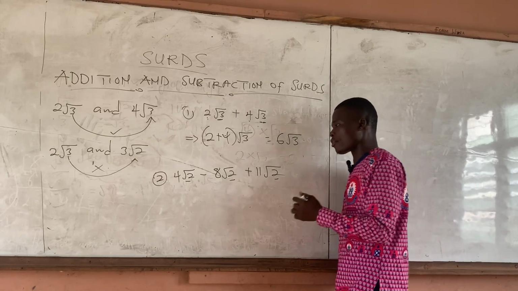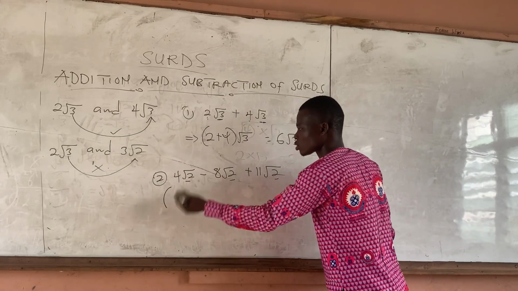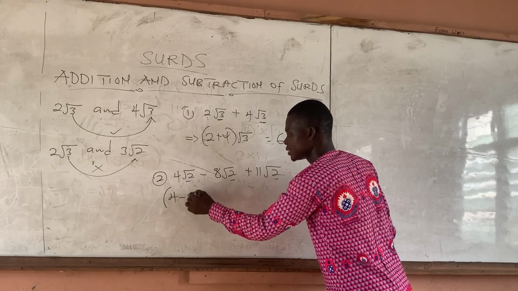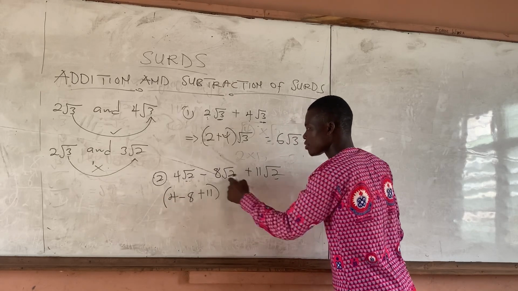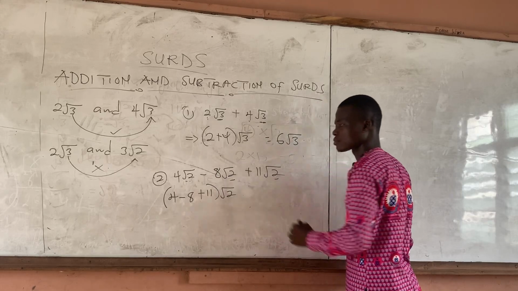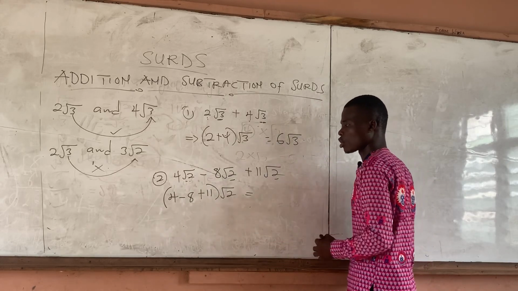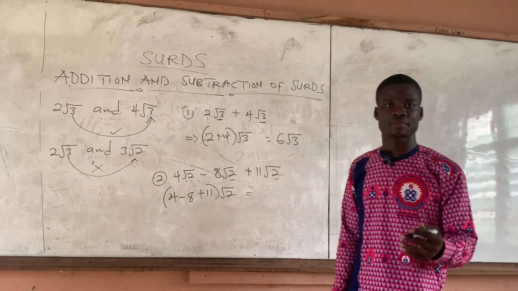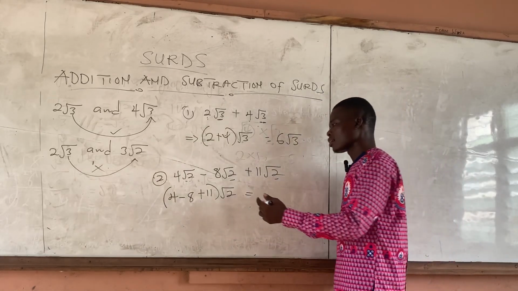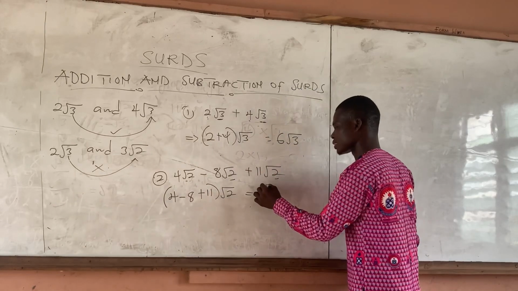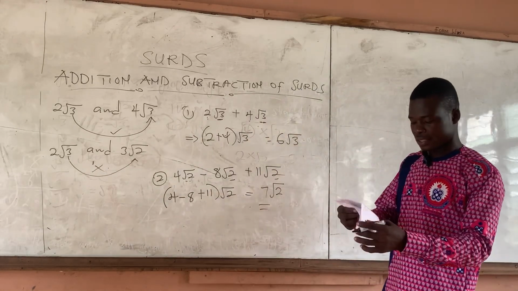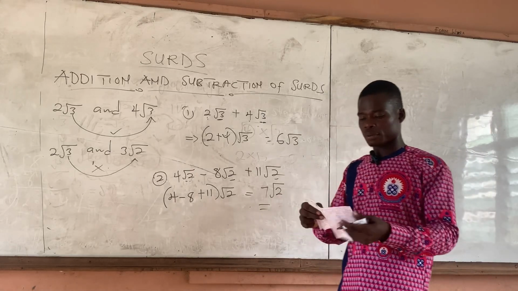Since they are of the same form, let's add and subtract the constants. That's 4 minus 8 plus 11. We pick one of the roots. 4 minus 8 is negative 4. Negative 4 plus 11 is positive 7 root 2. And that's how to solve this example.